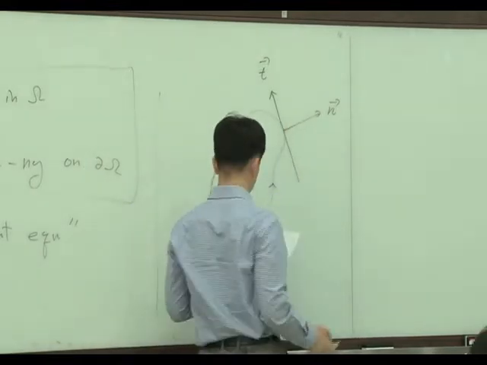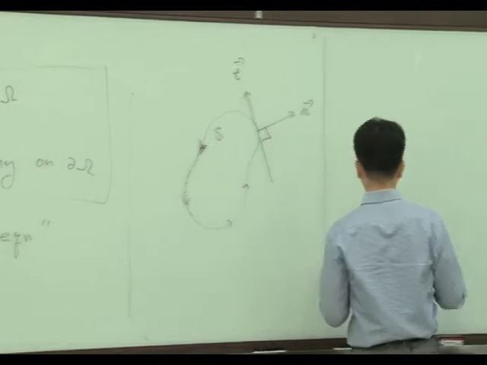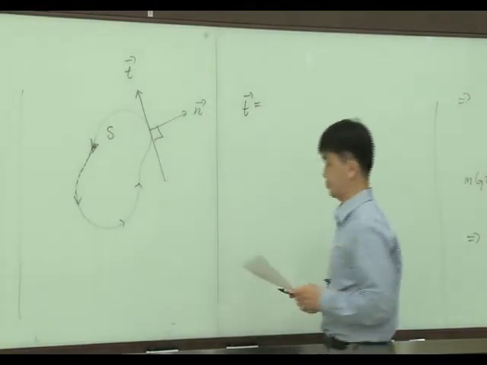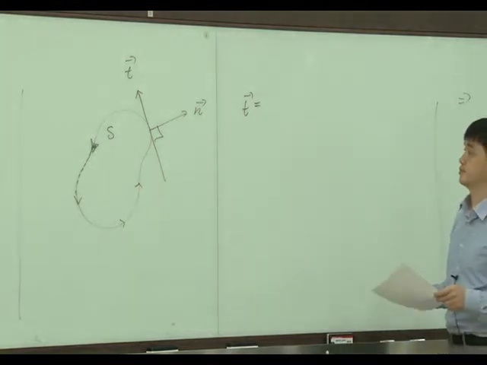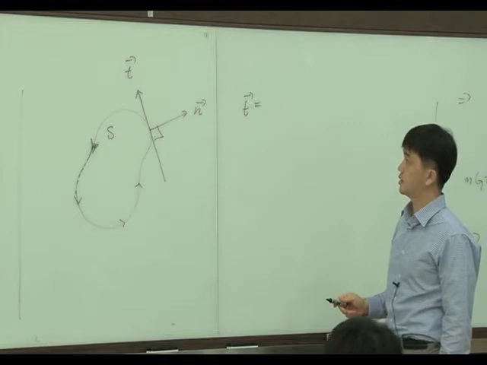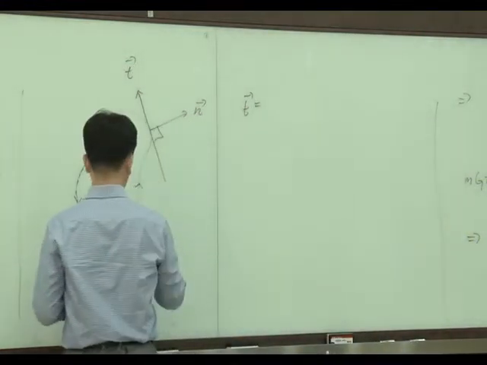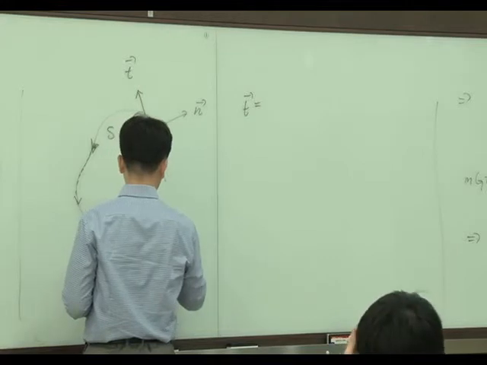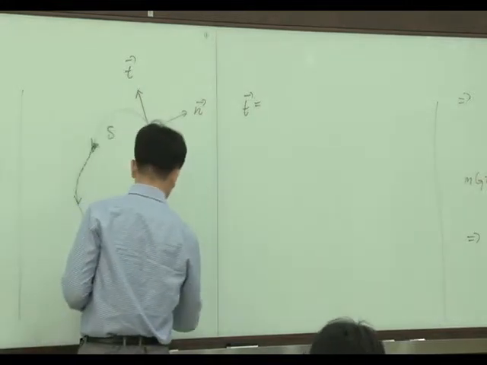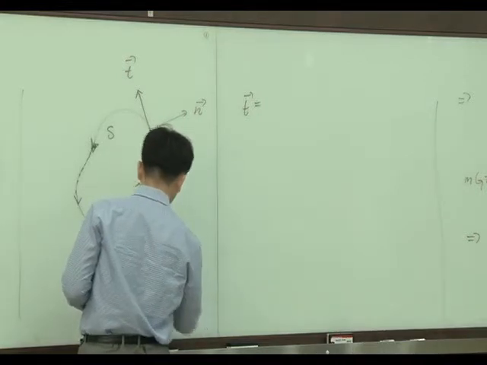So, how can I calculate the tangential vector? Here y is a function of s, z is a function of s.